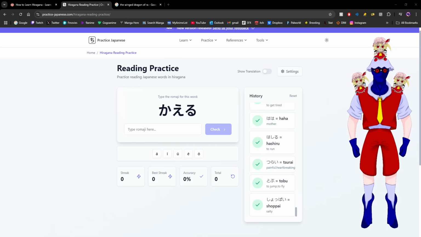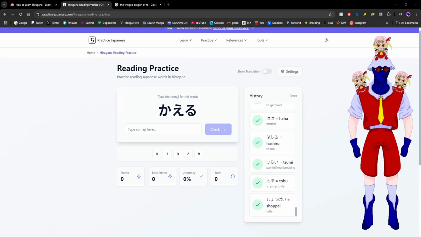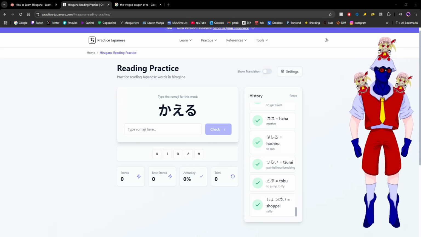So now you can at least start reading. That's one more way for you to learn Japanese now. And sooner or later, we're gonna dive into katakana, because katakana does get involved quite often with hiragana.